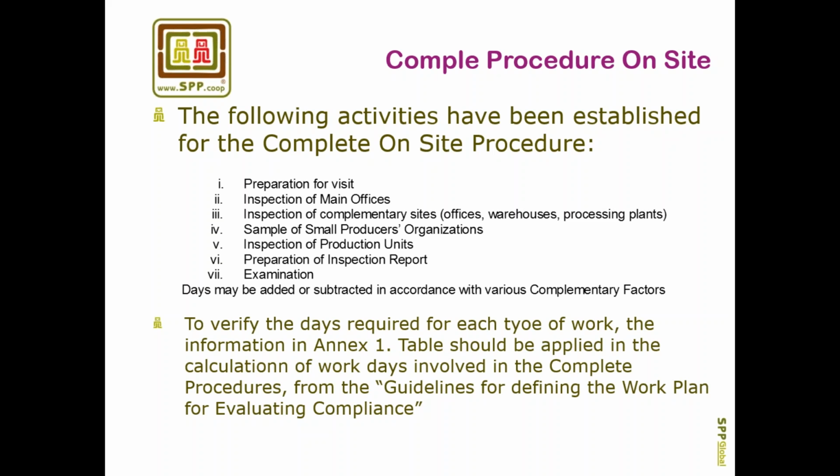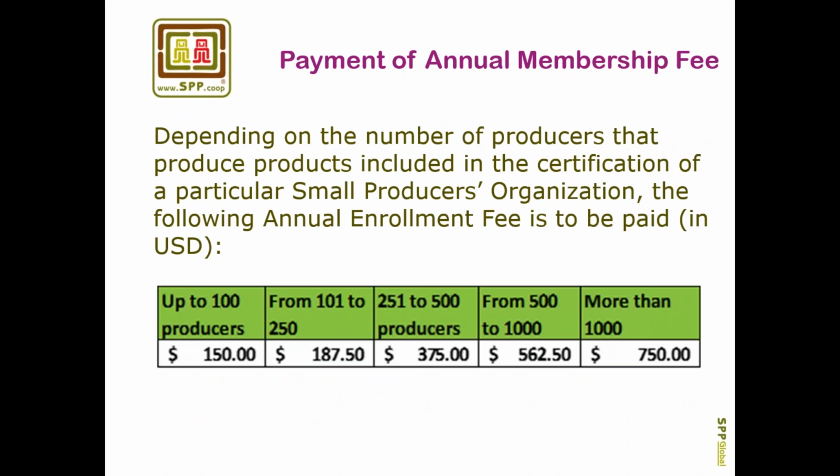Then there is a specific document in which the guidelines to define the work plan are established, and in Annex 1, which is an Excel file, they have to calculate the total days, and they have to establish the sample of small producers organizations to visit in the complete procedure on site.